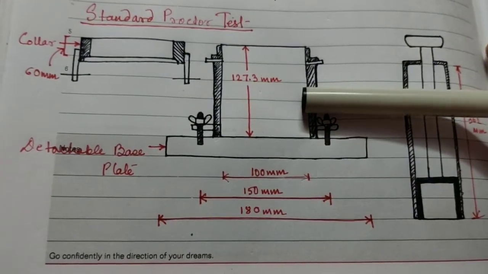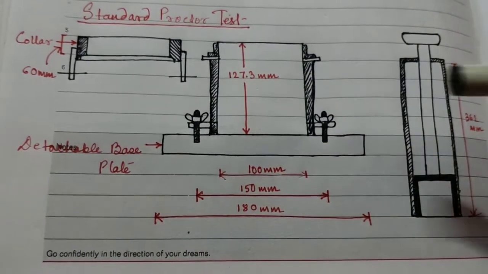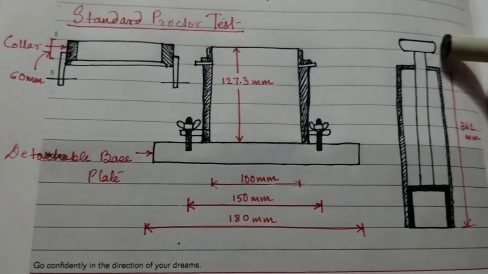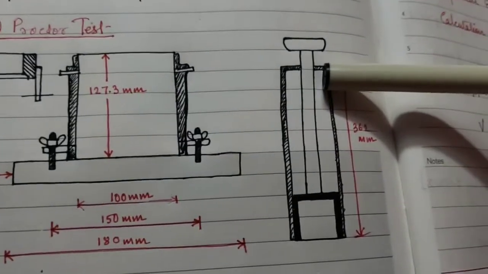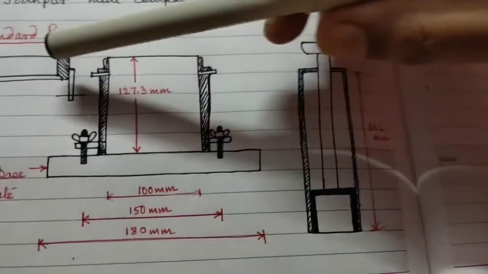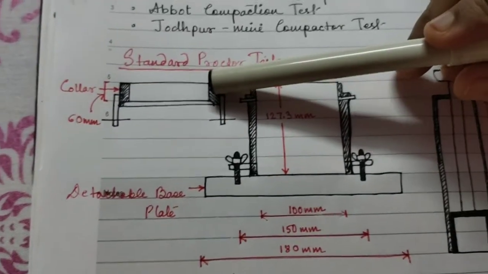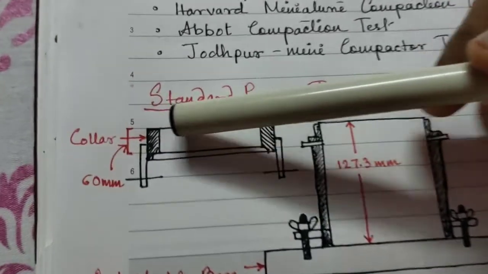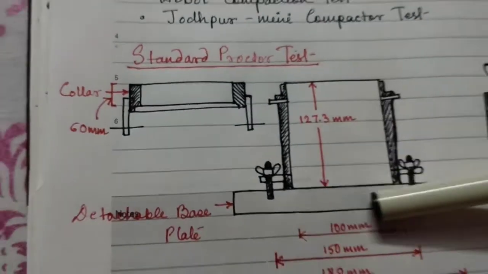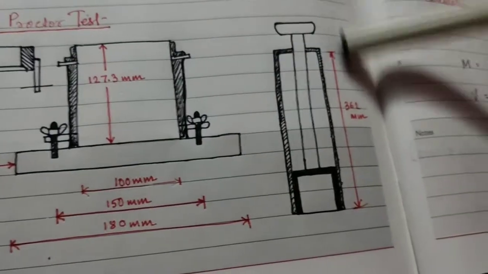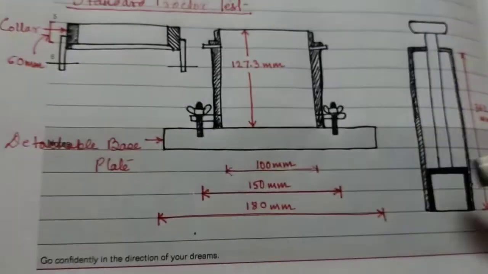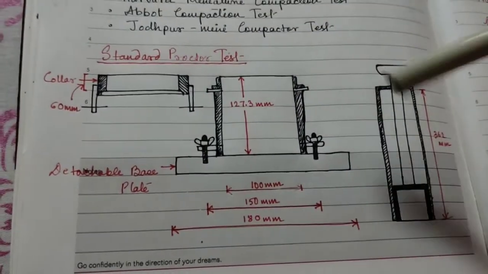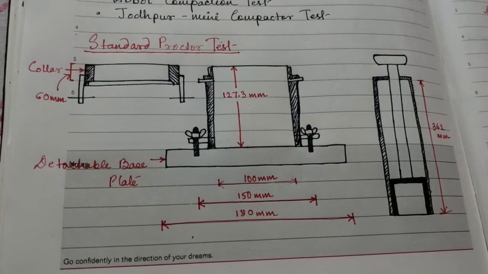Each layer will be given 25 blows with the help of this hammer, and it consists of a collar which has a height of 60 millimeter. So this is the collar, this is the cylinder, and this is the rammer. How this test proceeds, I will describe in the next section.